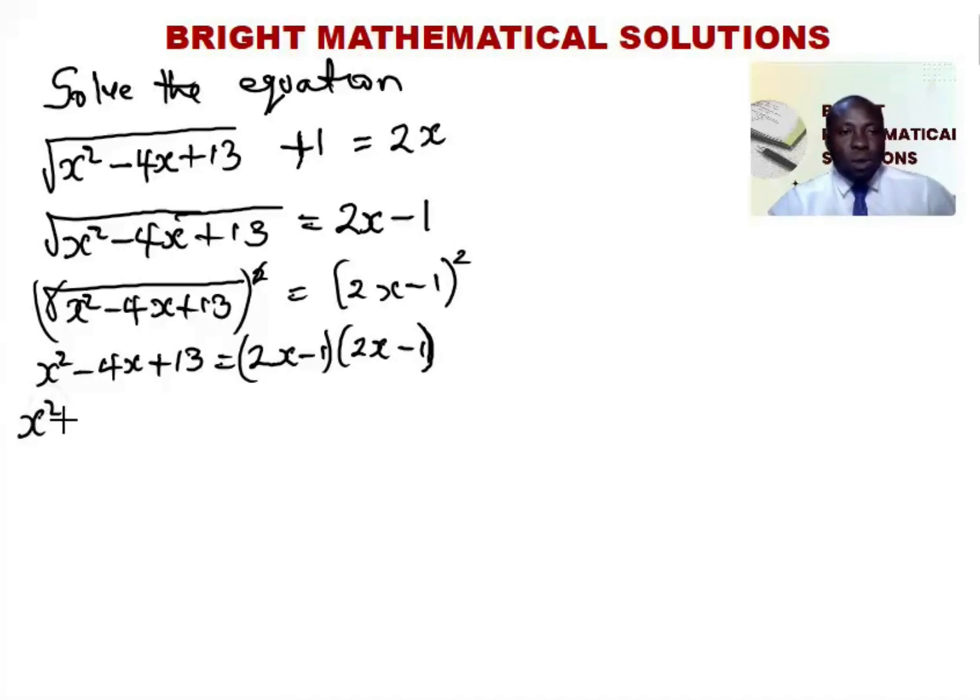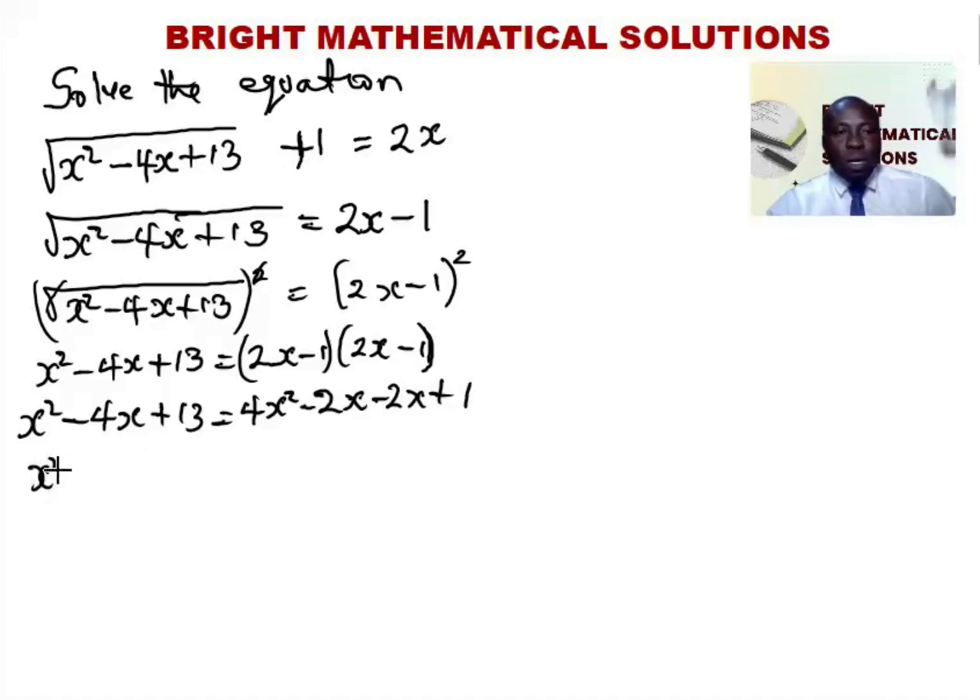Therefore, x squared minus 4x plus 13 equals: 2x multiplied by 2x, that's 4x raised to power 2. This gives us minus 2x, this gives us minus 2x, and this gives us plus 1. If we add them together, x squared minus 4x plus 13 equals 4x squared minus 4x plus 1.